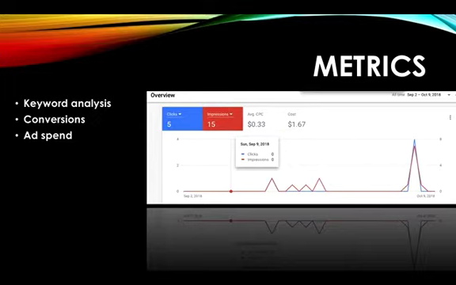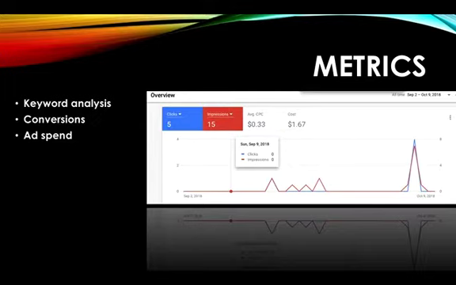So in the bidding practices, I had placed a bidding strategy of $1 per click with a cap of $50 per month as a budget. As you'll see, my metrics are showing that my pay-per-click was average at 33 cents per click. My cost over the period of time between September 2nd to October 9th was a total of $1.67 for an ad spend.